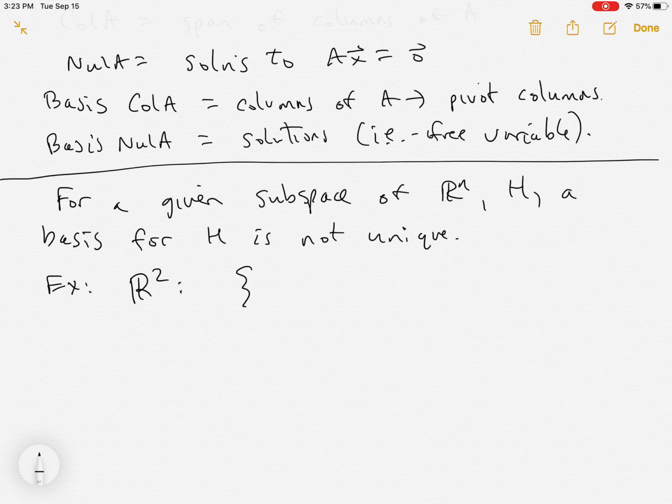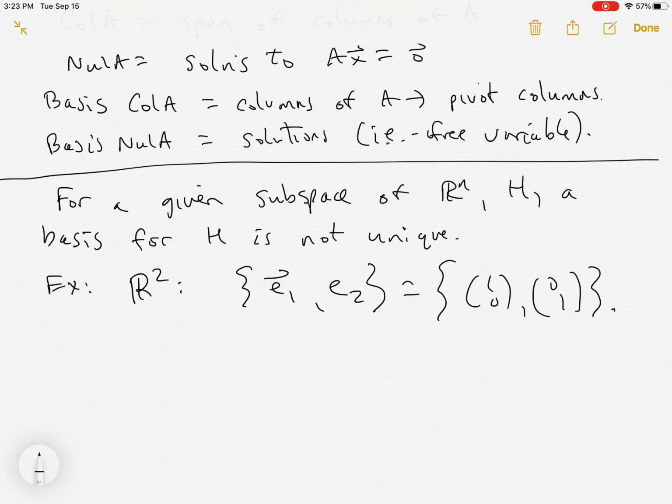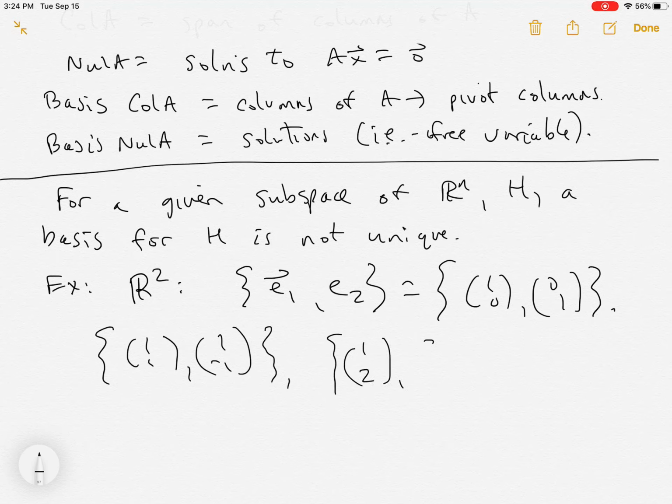The standard basis is the set of vectors E1, E2, or in vector form (1, 0), (0, 1). So that's a basis for H being R2, but so is any two linearly independent vectors. So here's another one, (1, 1), (1, -1). Here's another one, (1, 2), (3, 4), etc.